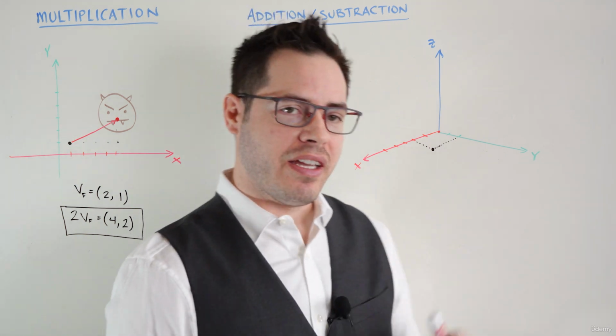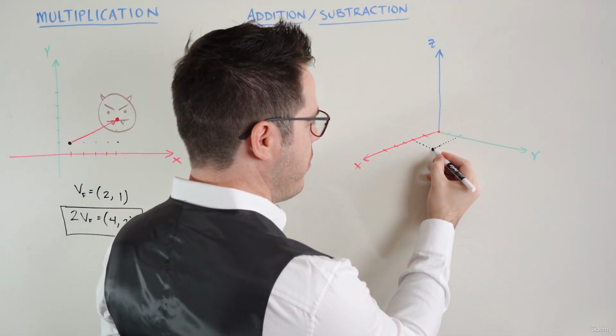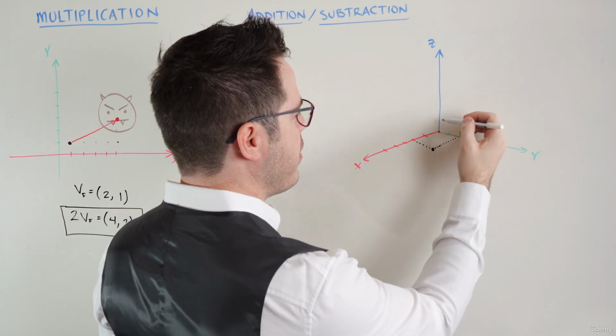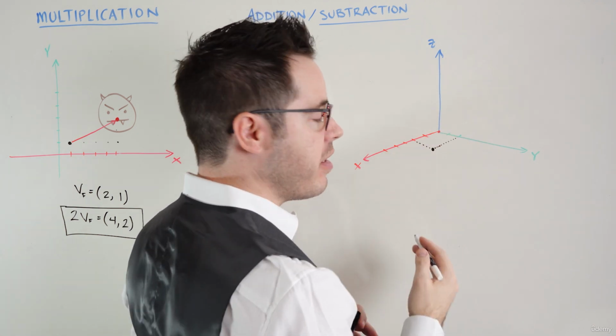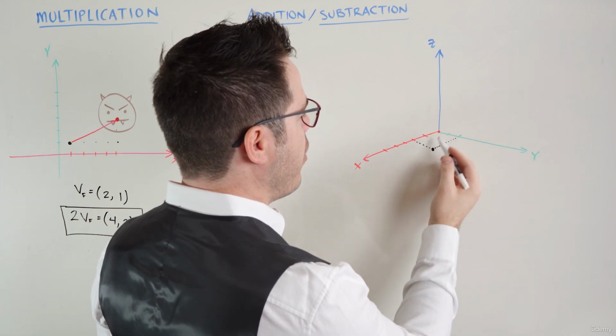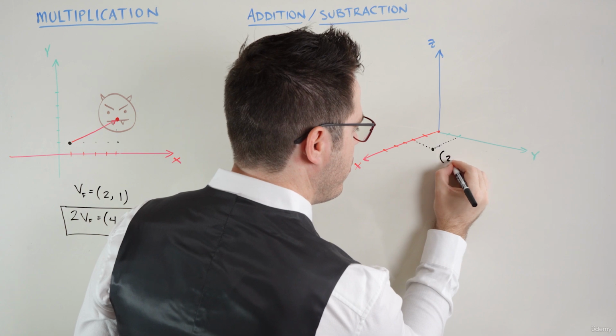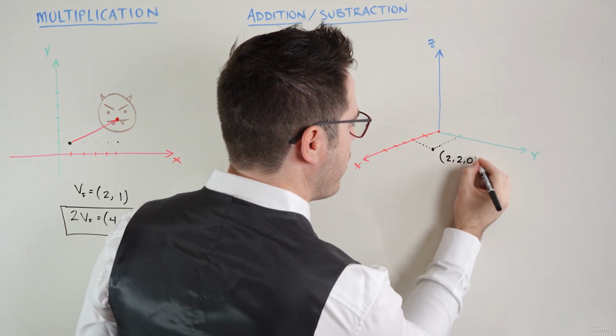Let's do an example in 3 dimensions. Now let's say that we have a character on the ground. It has 0 for its z component in 3D space, but let's just say that its x and y are 2 and 2 respectively. So we have a point. It's 2, 2, 0.